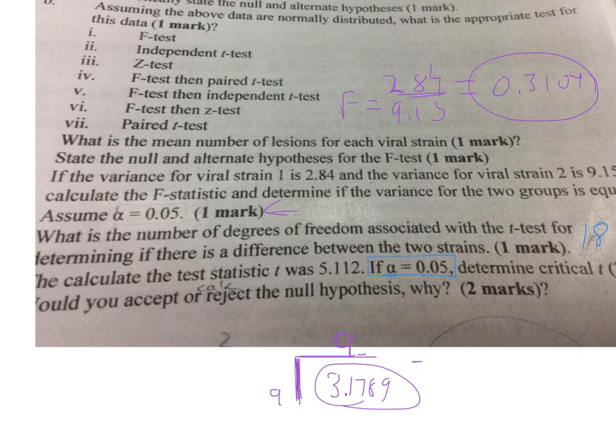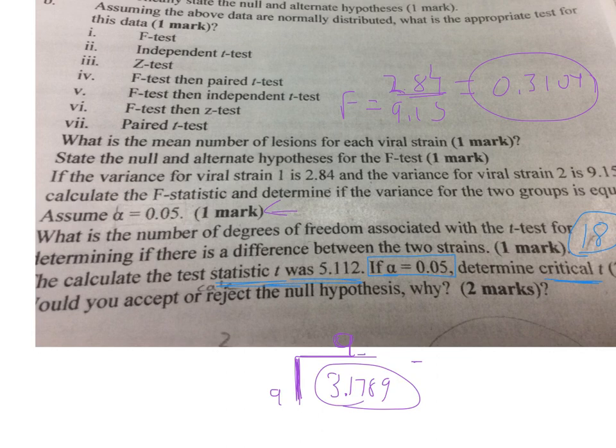It doesn't say if it's one-tailed or two-tailed, so I'm assuming it's a one-tailed test. Using degrees of freedom 18, you get your T crit from the chart and compare that to the test statistic that was given, 5.12.